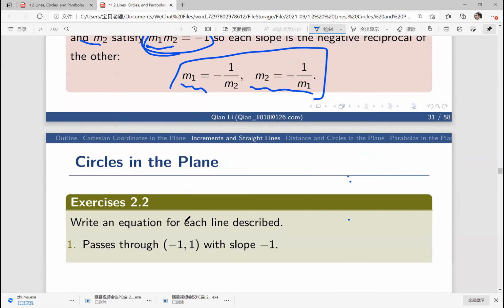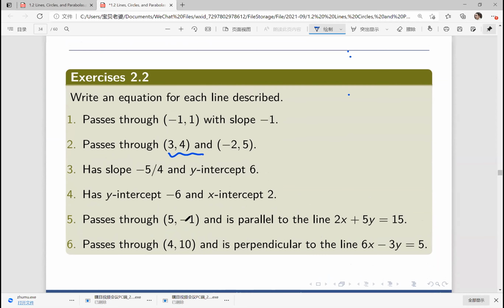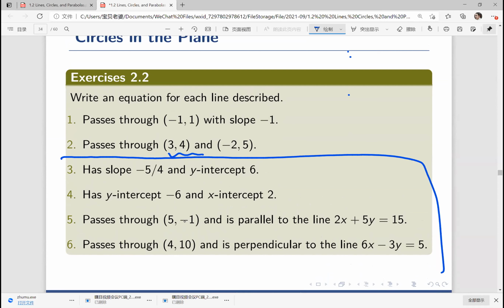Next, we do the following exercise. I'll give you some minutes to do this exercise. The following exercise, okay?